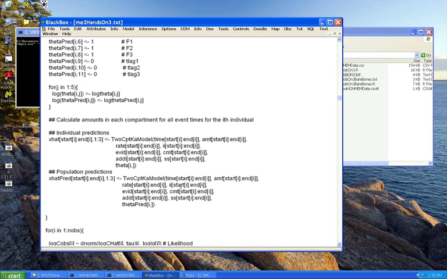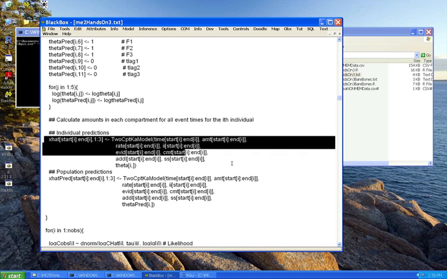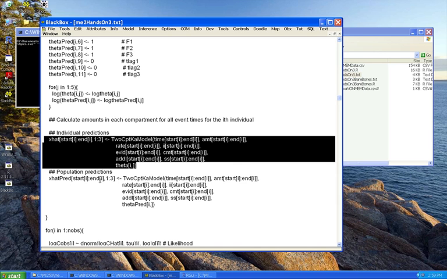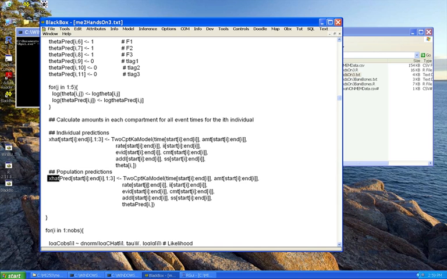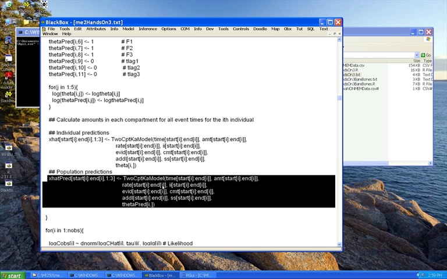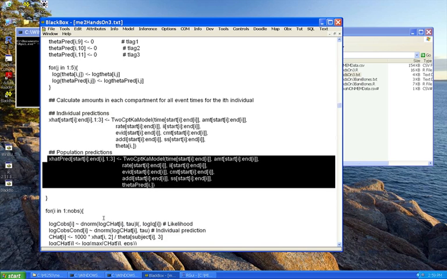And then when we scroll down, in addition to calling x hat like we did before, I call the two-compartment Ka model again and create something I called x hat pred, which again are simulated values for hypothetical new individuals.